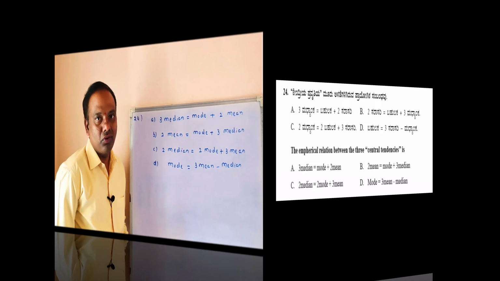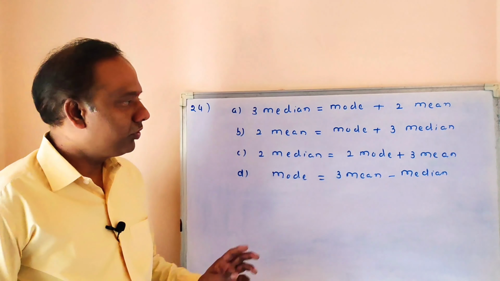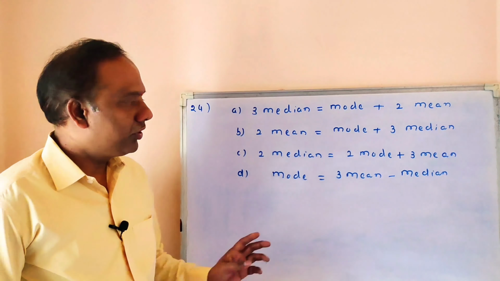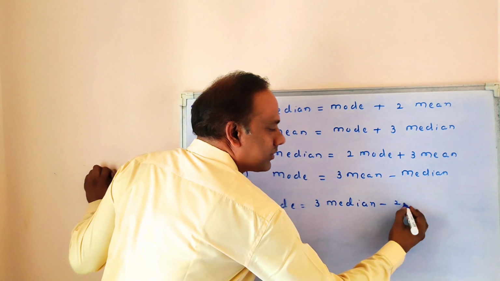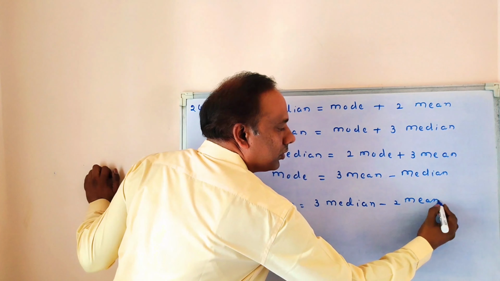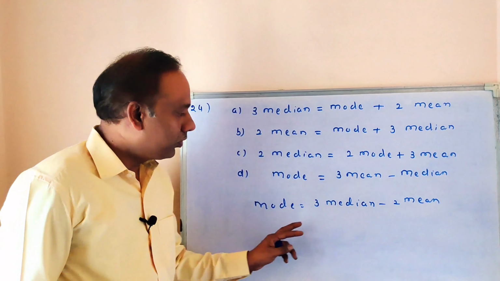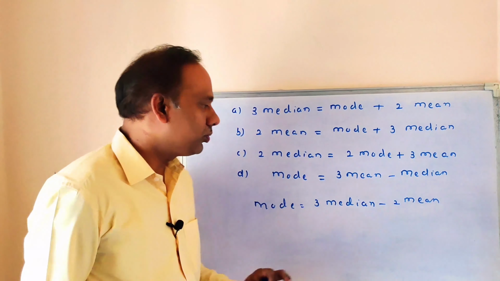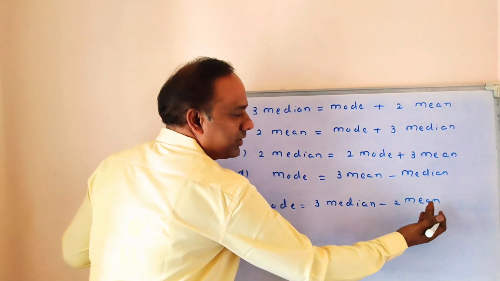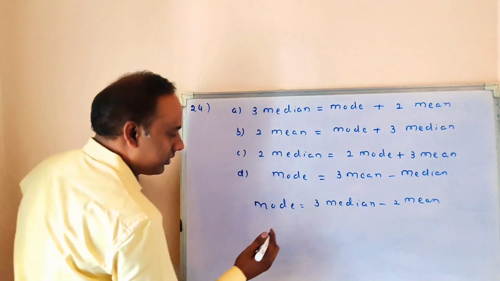Question number 24 is actually a formula. The formula is mode is equal to 3 median minus 2 mean. Here minus 2 mean, you take to the left side.